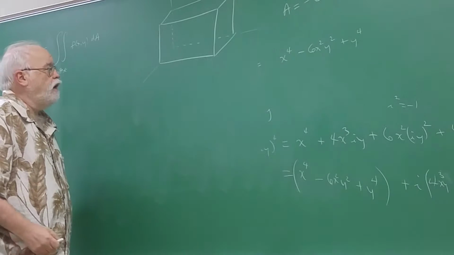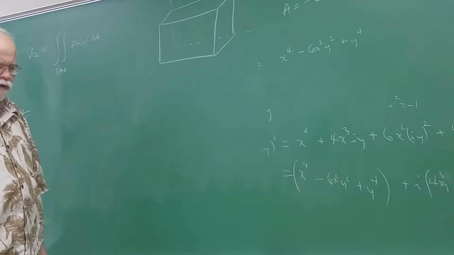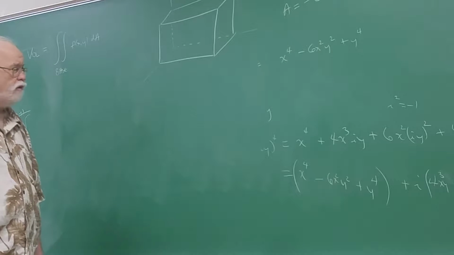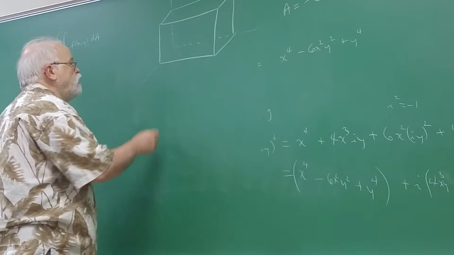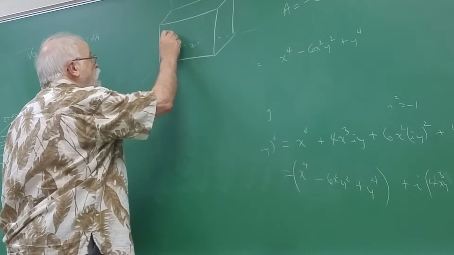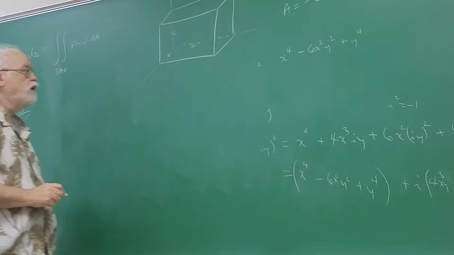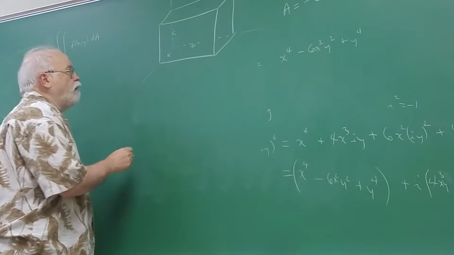You want to call them A, B, and C, or length, width, and height? I like A, B, and C. So let's let the dimensions of this box be A, B, and C. As I like to say at the end, it's as easy as A, B, C.